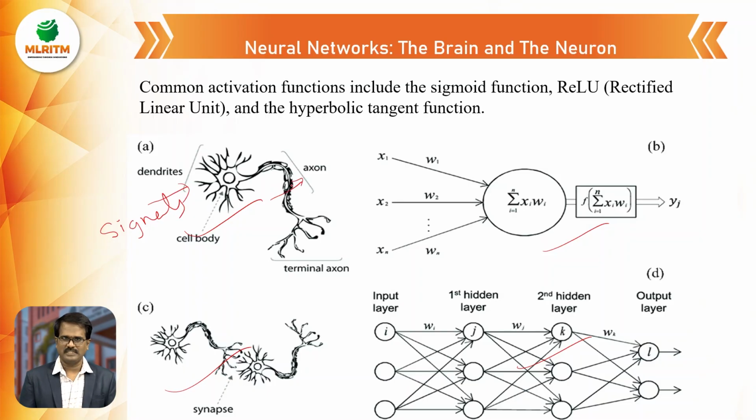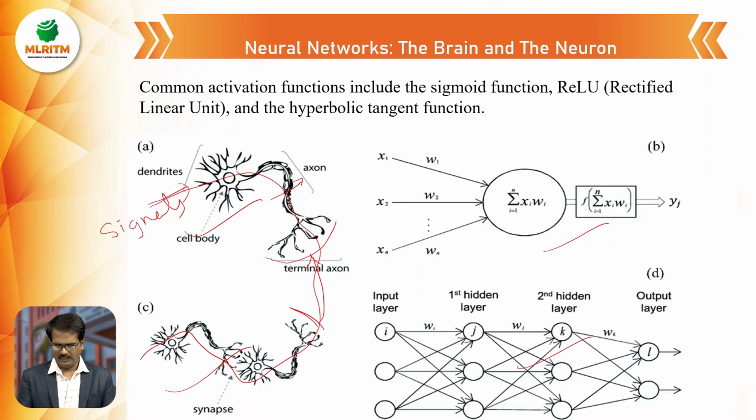In the cell body, the processing happens, and then the signals are carried over here. Again, these are the synapses, where there is a gap between one neuron and another neuron. They connect with each other to pass the signals. In this way, the data passes from here to all the cell bodies, and the brain is working.